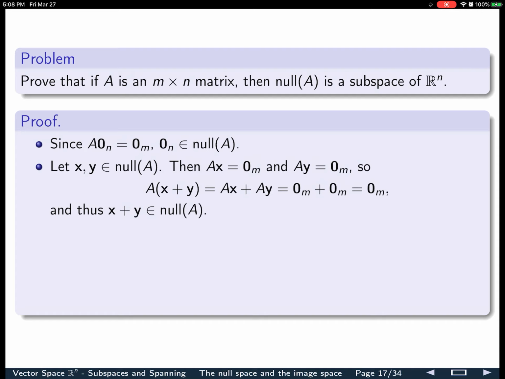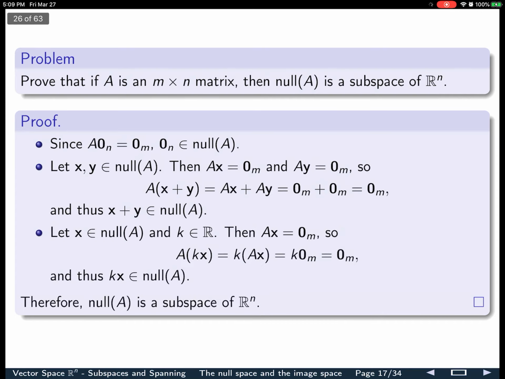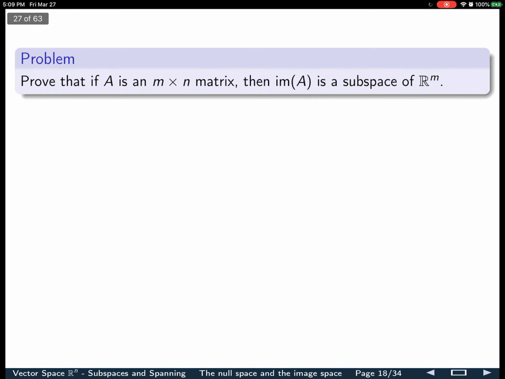Vector addition is preserved within a null space. And the null space is closed with respect to scalar multiplication. And therefore we have a subspace by definition. Cool.